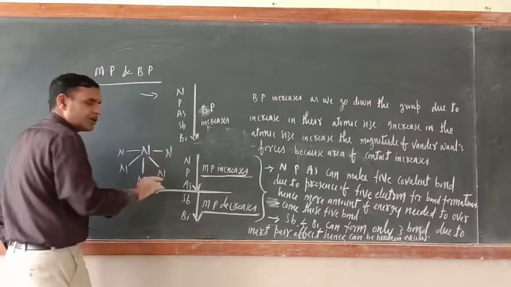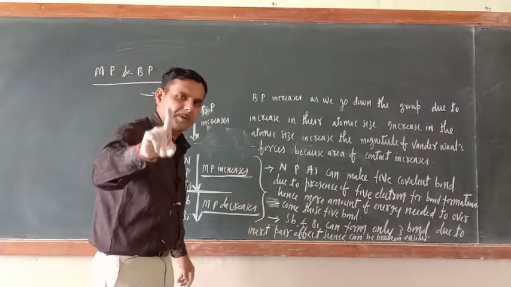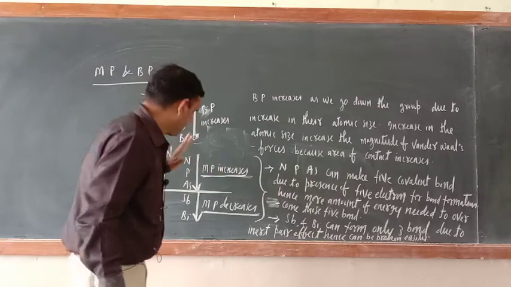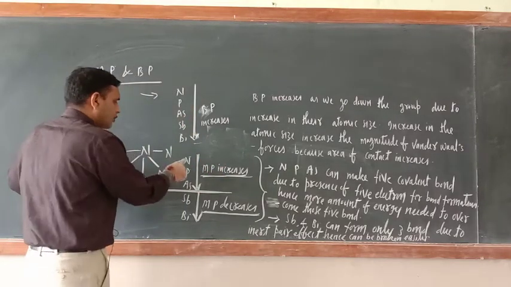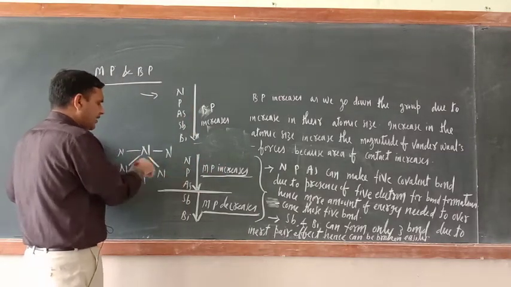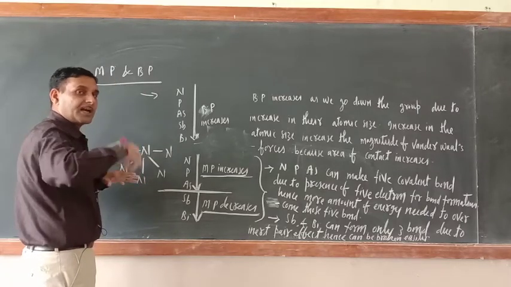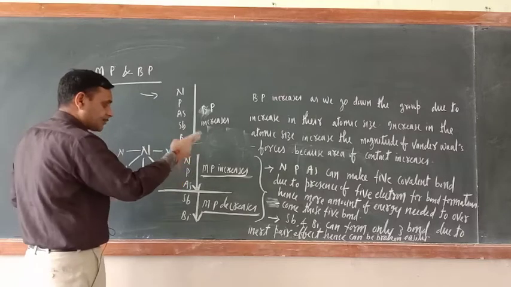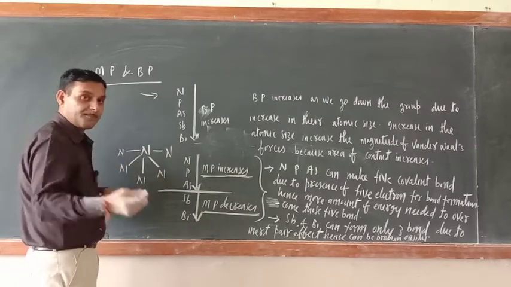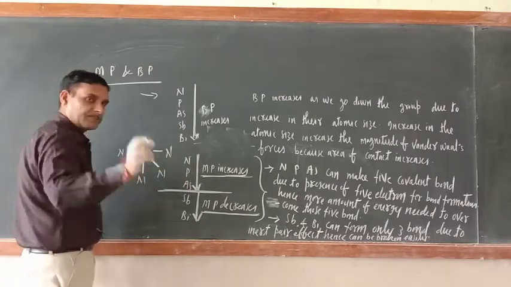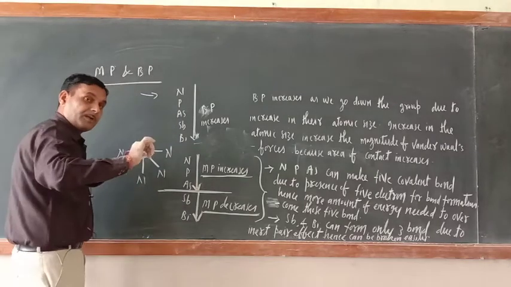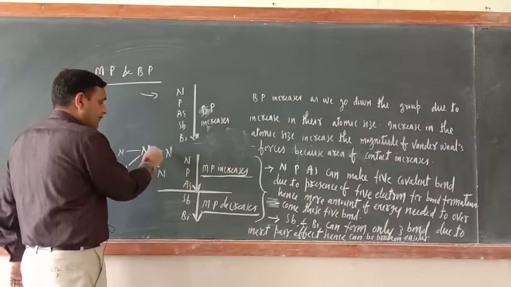I am not teaching you compounds. I am teaching you elements of the 15th group. So just see, nitrogen, phosphorus, arsenic, anyone you can take. They will make at a time 5 bonds with another nitrogen or with another phosphorus or with another arsenic. So now their crystal lattice will be very strong. Why will it be strong? Because of the presence of 5 bonds.